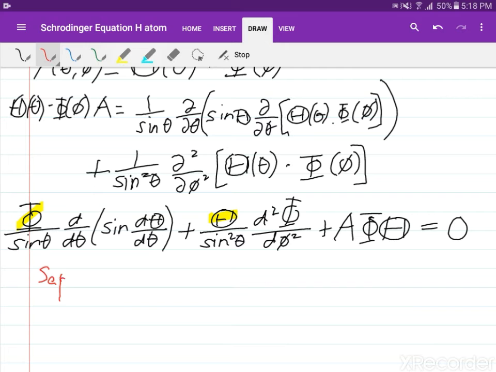So in this step we will separate the polar and azimuth parts.